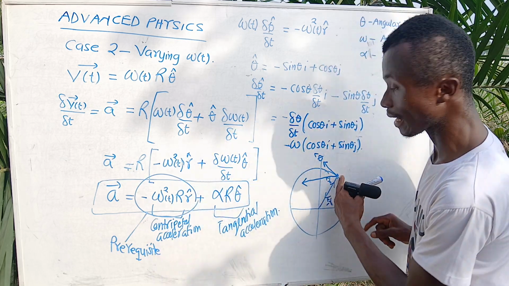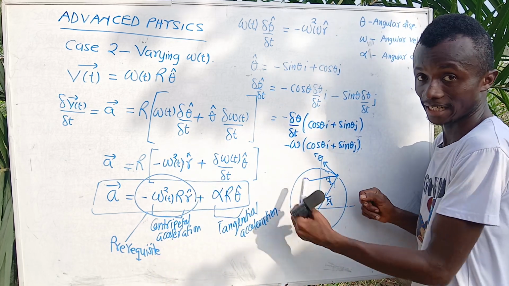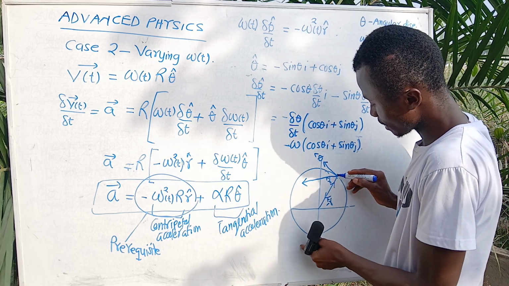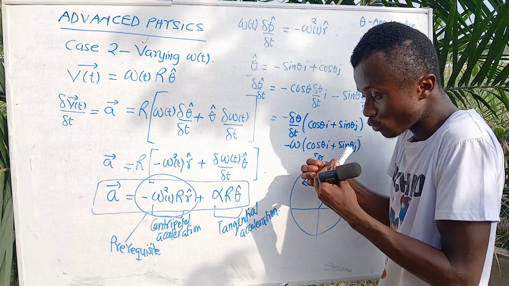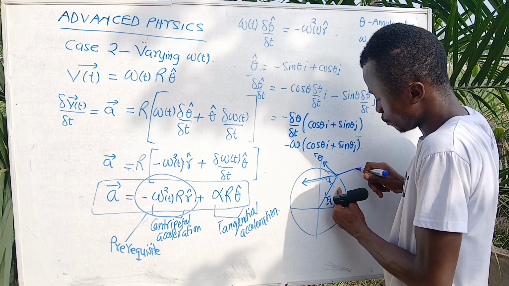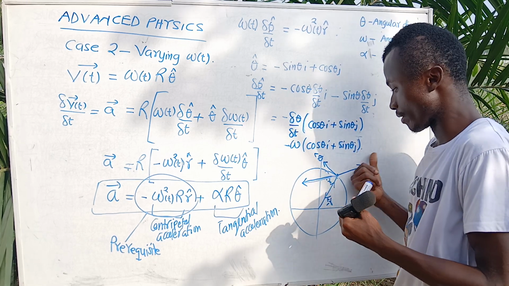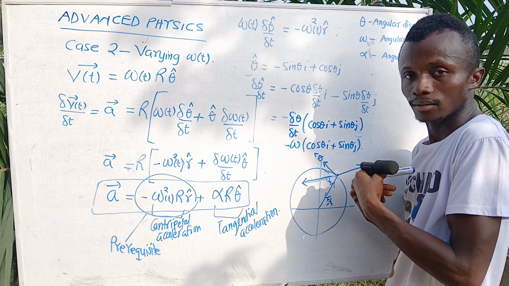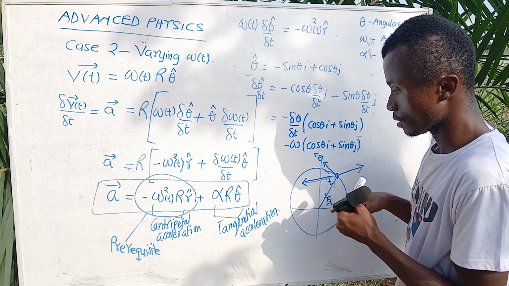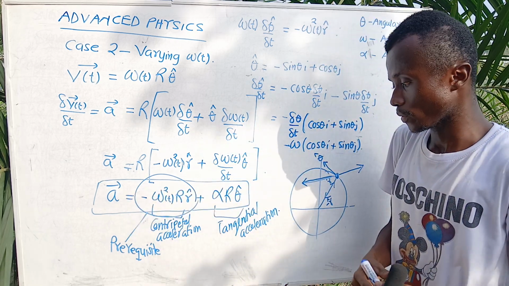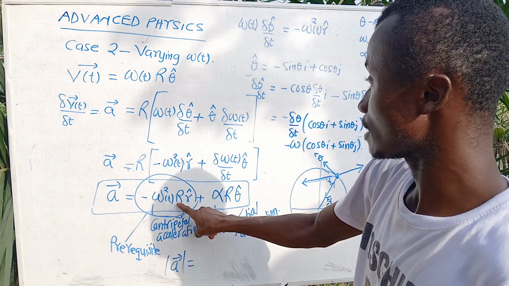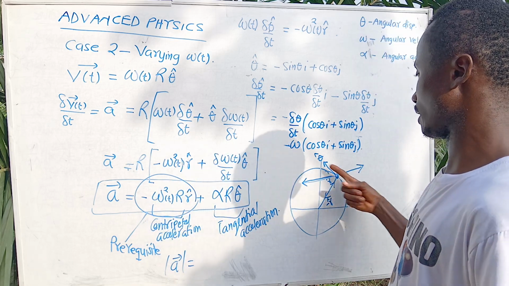So if you are the one stuck, say, on a circular trajectory, it could be a chain, and the chain is speeding up, it means there is a net force in this direction. To be able to cling to the chain to save your life, you need to apply a force equal in magnitude but opposite in direction to that net force, which will be the mass of you times this whole acceleration. So the magnitude of this acceleration, a, is going to be equal to one radial component and one tangential component.